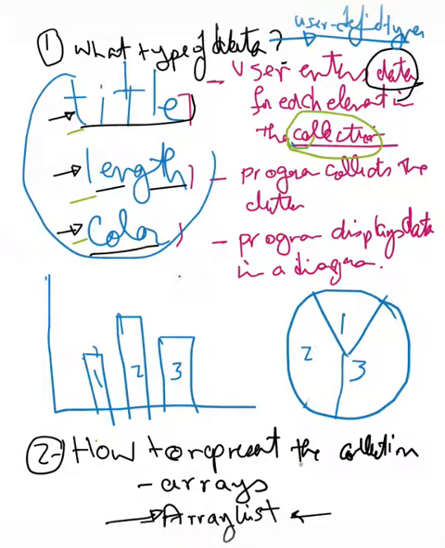So to represent the collection, we actually can go many different routes. You definitely need to think of a type that represents that collection. Now you can say, well, I'm going to use only the array list as the type, and that is very valid. Since the array list is already a user-defined type, you can say, well, my collection will be array list. Let's move on to the drawing, how we can go about drawing.